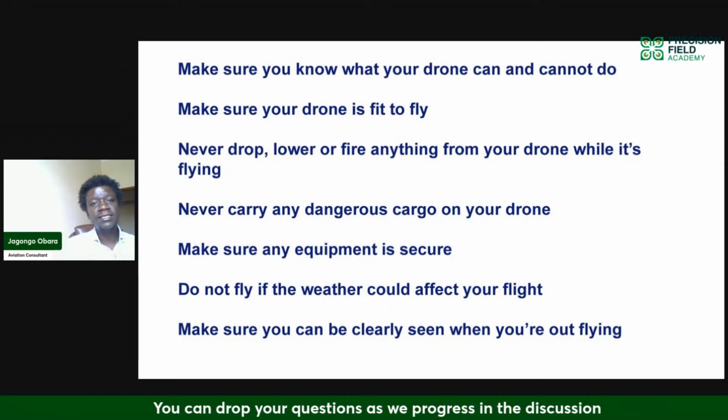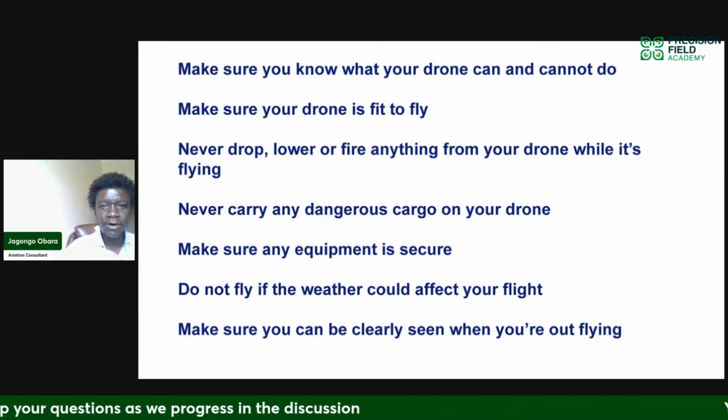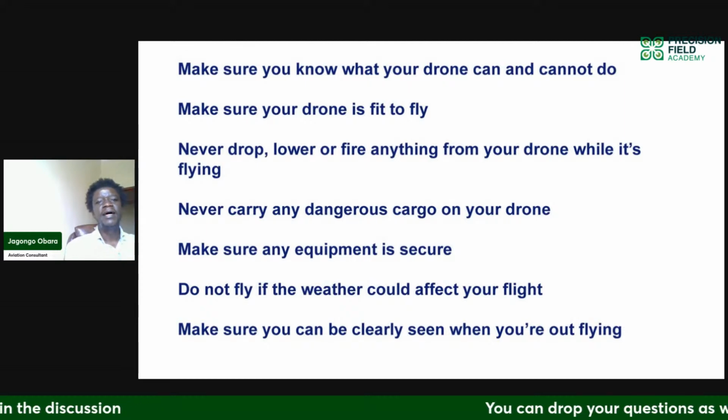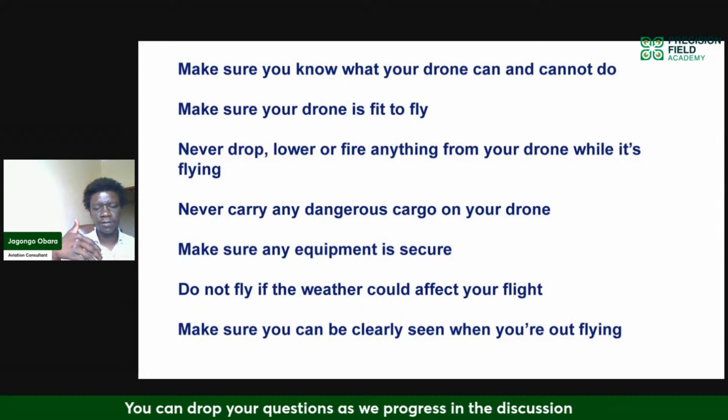The third one is never drop or lower anything or fire from your drone while it is flying. Now, when we talk about never drop or lower anything, this goes back to what I was talking about.